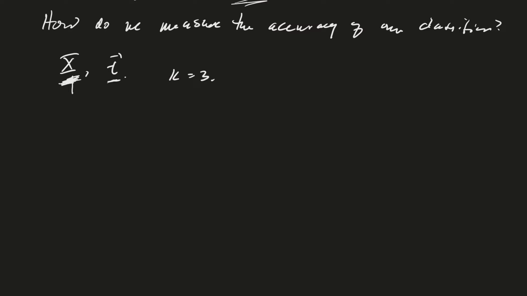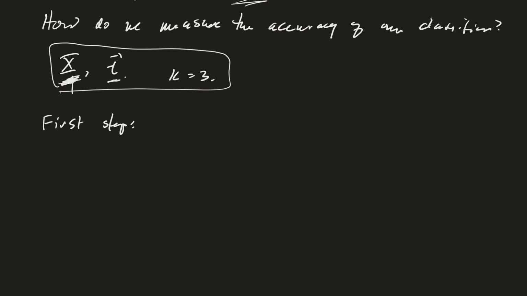The key here is that whenever you're training a classifier or a regression or whatever, the very first step we should take when we're given data is to clean the data up. Scale it if necessary.